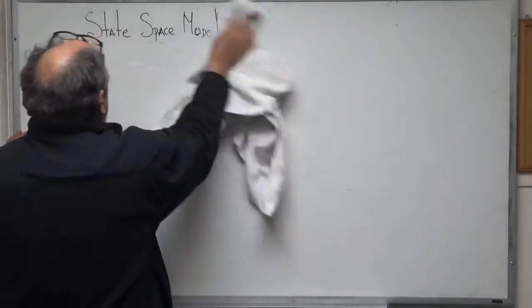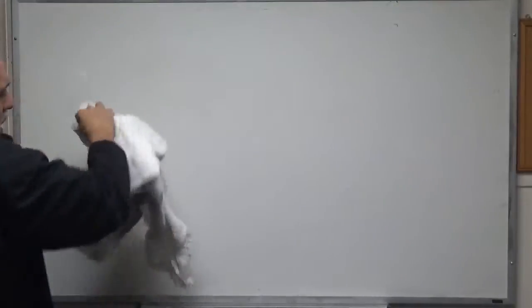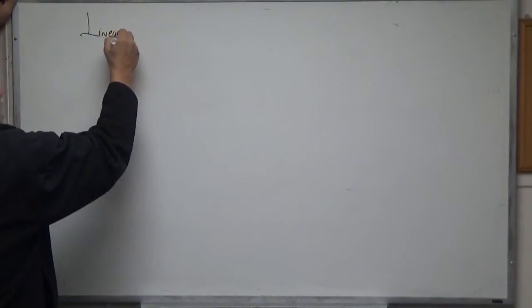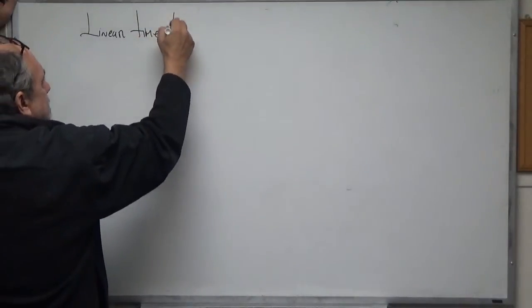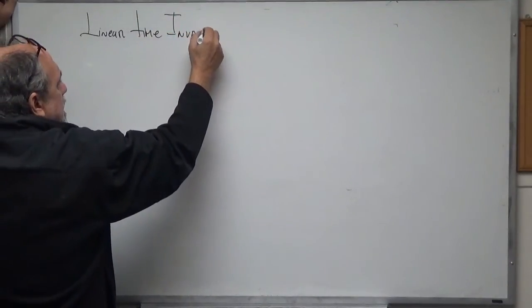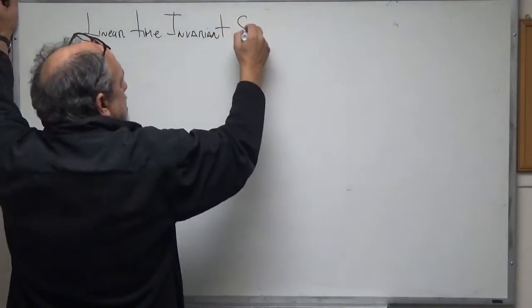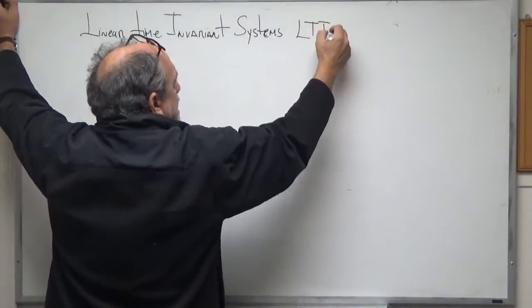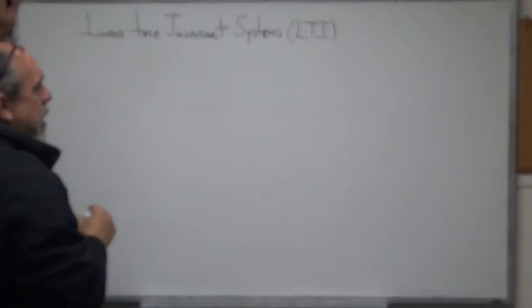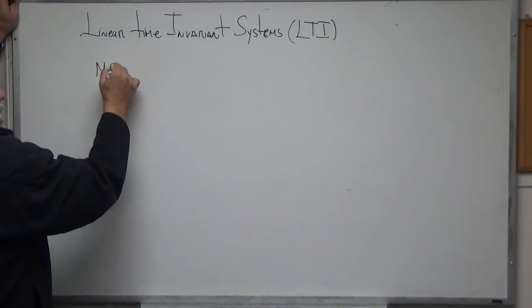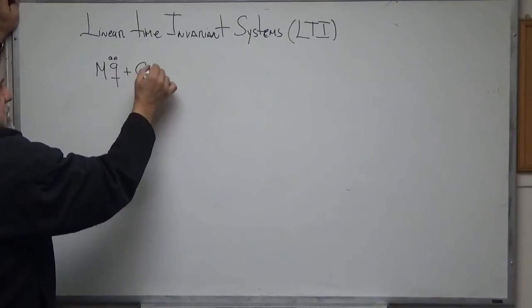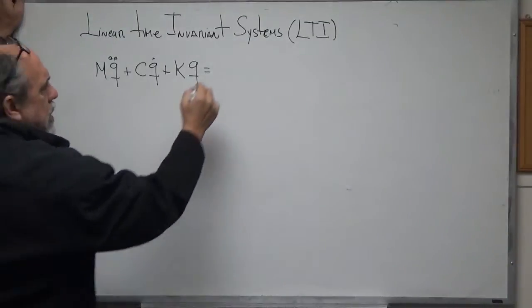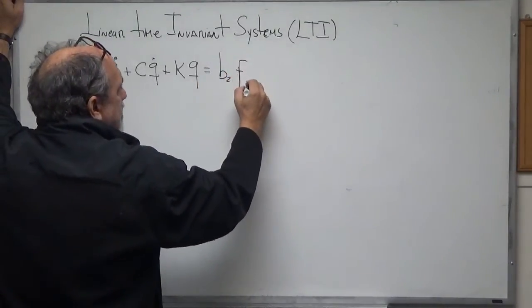Now, what we're going to do is to start with linear time invariant systems, which can be described by the second order equations M q double dot plus C q dot plus K q is equal to B2 f(t).